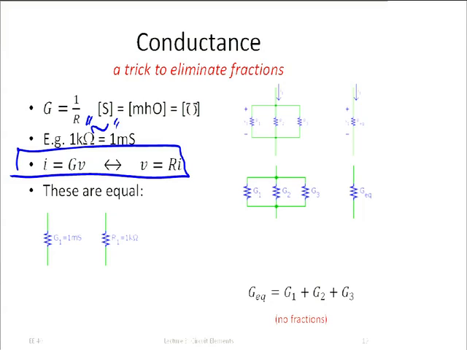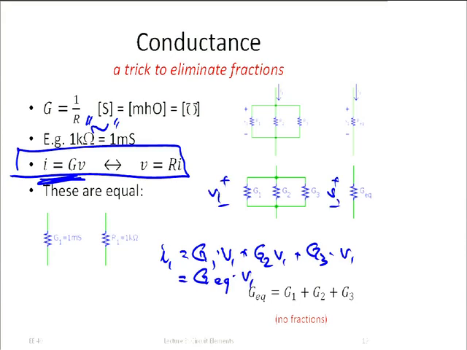All right, so conductance. So we can again write our equations. Here, I1 is equal to G1 times V1 plus G2 times V1 plus G3 times V1, and then it's also equal to G equivalent times V1, where V1, of course, is the voltage across here.